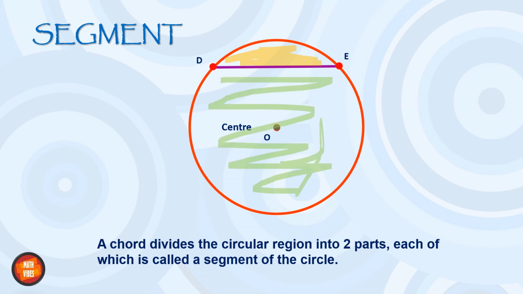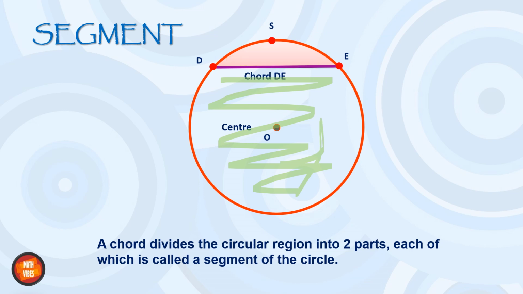Now guess, if the smaller arc is called minor arc, then the smaller segment will be called minor segment, right? And the major arc is there, so in the same way we will have major segment.